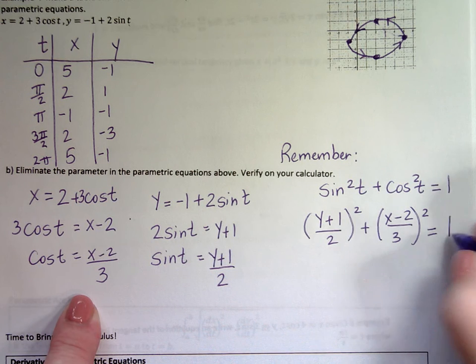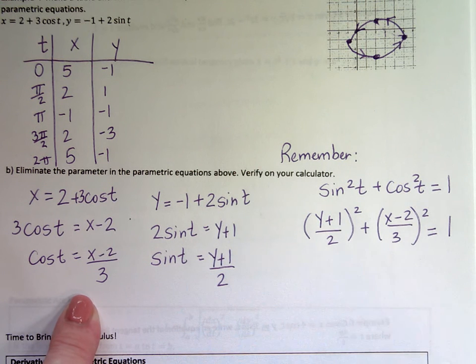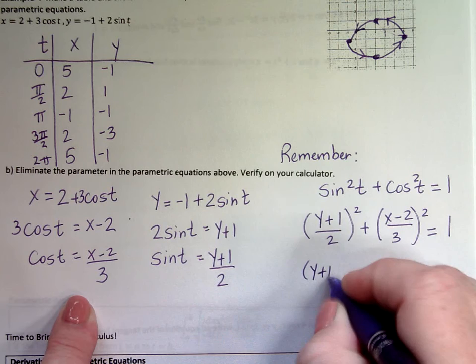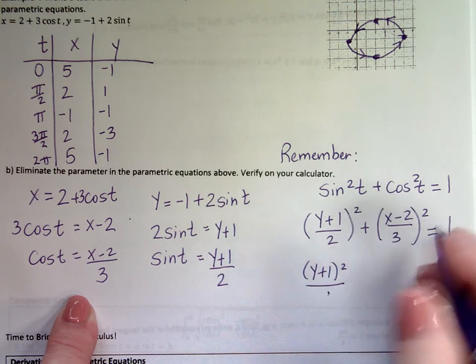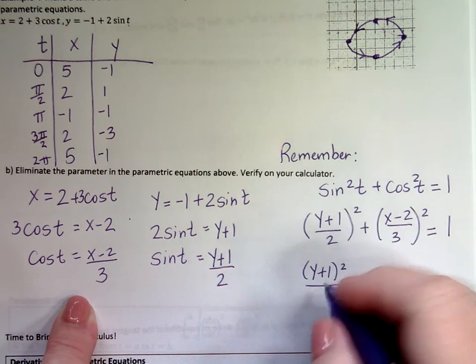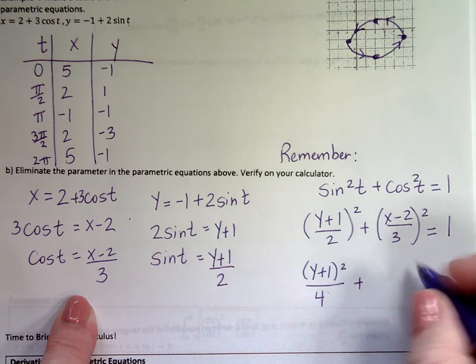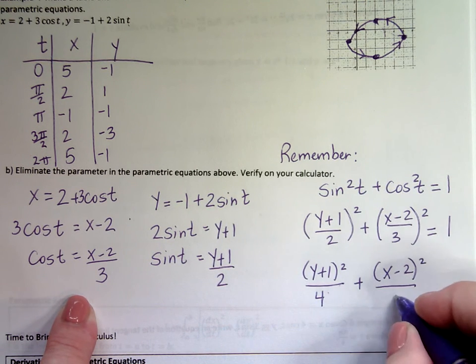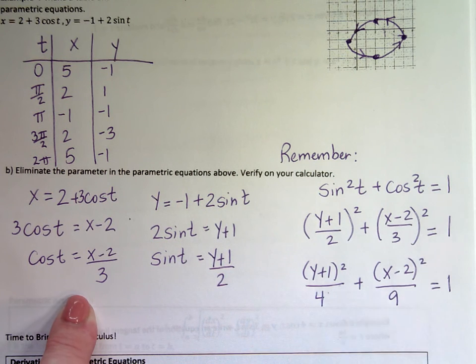And then sometimes you might see it written this way. You might see it written as y plus 1 quantity squared over 2 squared, which is 4, plus x minus 2 quantity squared over 9 equals 1. Equivalent forms again.